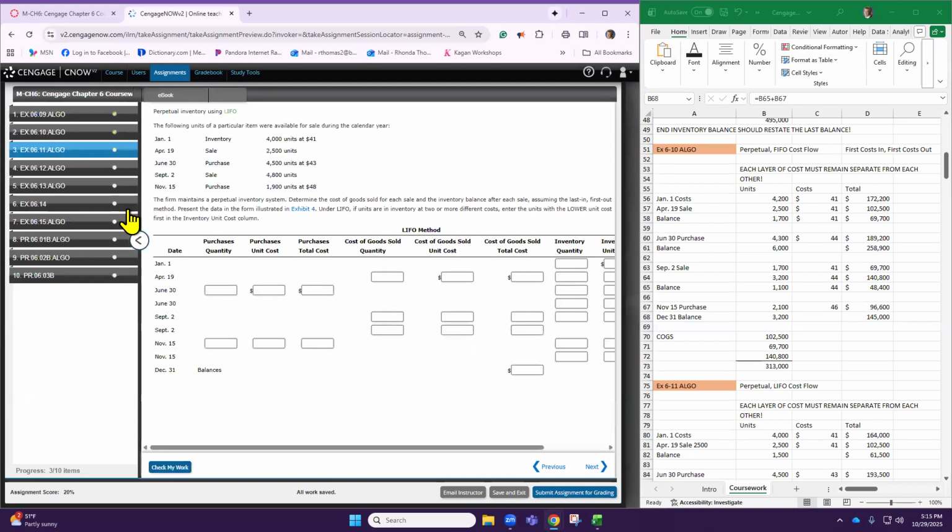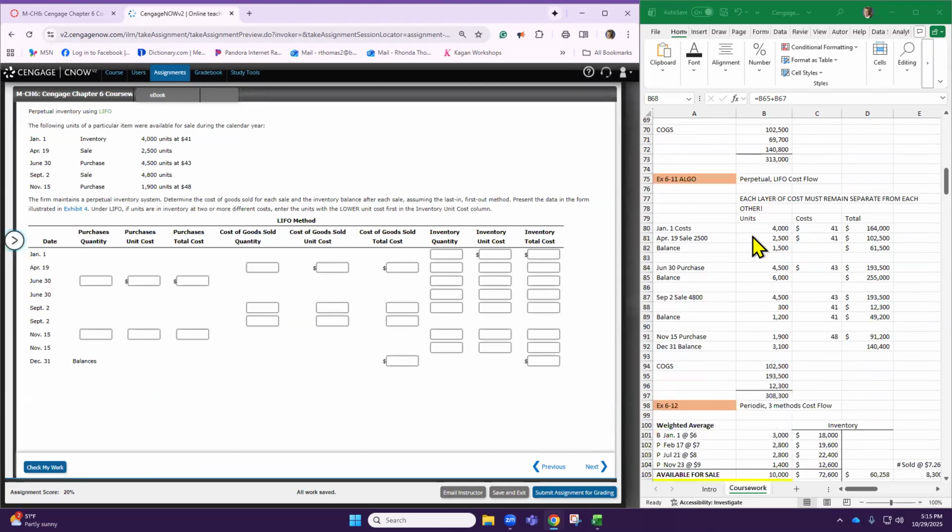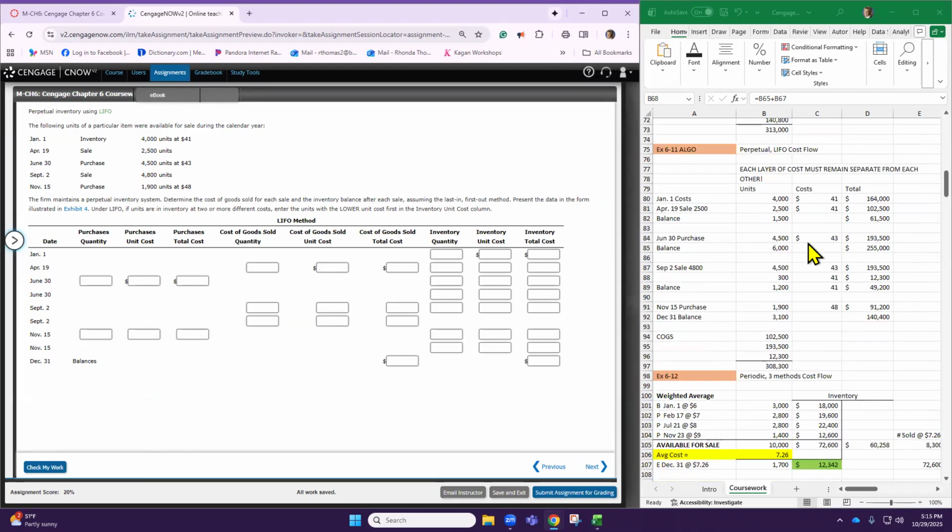Now here comes LIFO, last in, first out. So we always start each inventory problem with the balance. So the balance is 4,000 units at a $41 cost, $164,000 to begin our problem, begin the year. Okay, so there's no other cost.